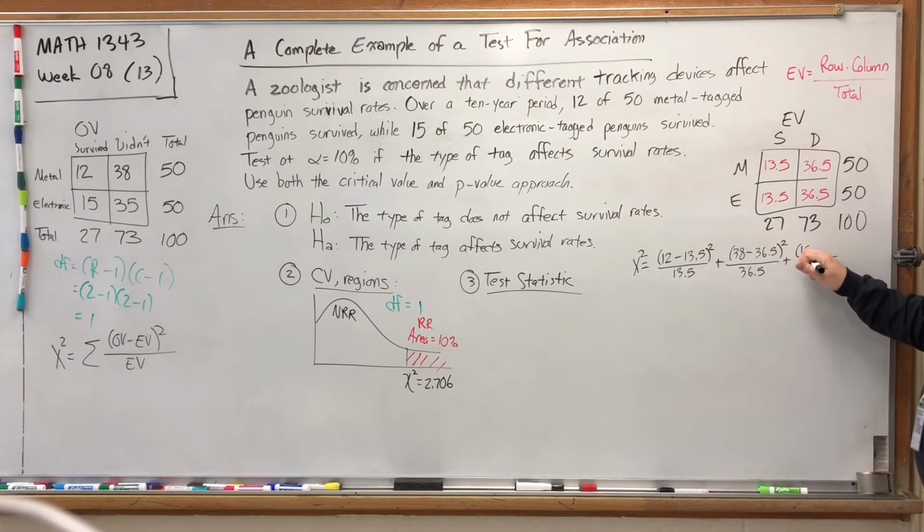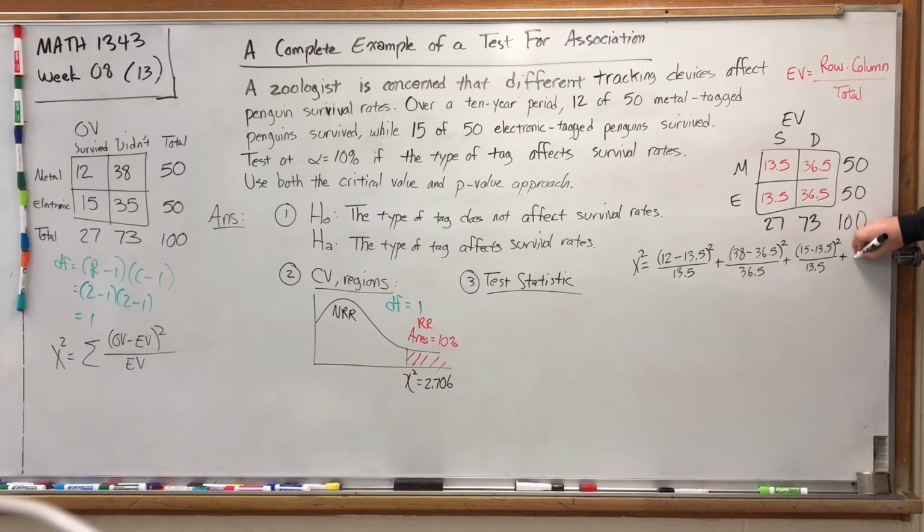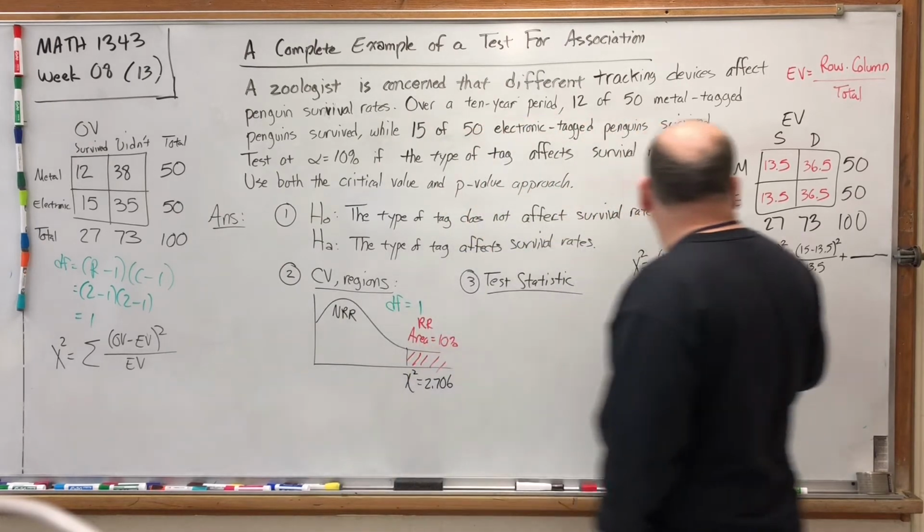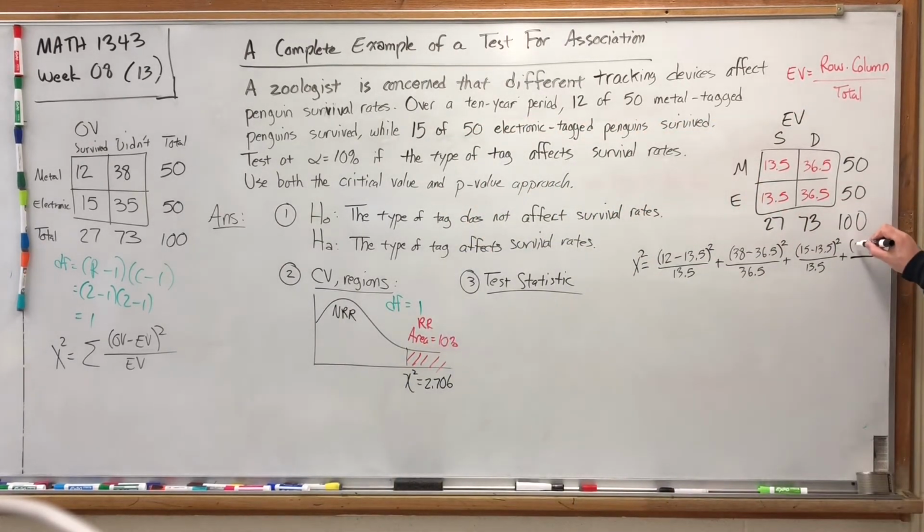So 15 minus 13.5 squared compared to what we expected, 13.5, plus, and I always draw it with this goofy pencil sharpeners. In the last cell, we observed 35, but we expected 36.5. So 35 minus 36.5 squared divided by what we expected, which was 36.5.